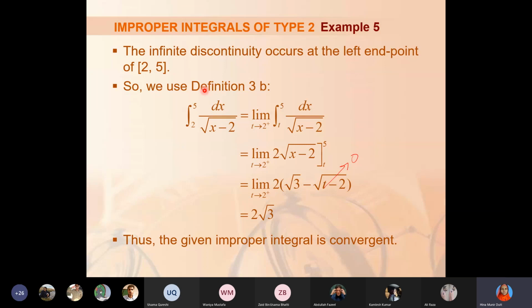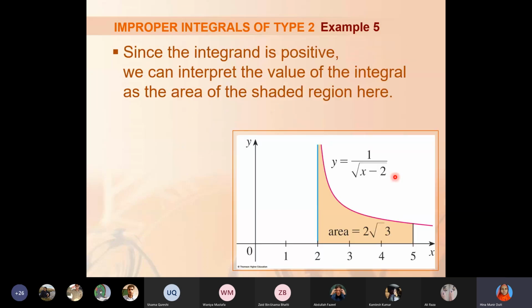This integral is convergent. If I draw this curve and integrate it from 2 to 5, the area extends vertically. So this seems to be an infinite region, but the area of this infinite region is finite, which is equal to 2 under root 3.